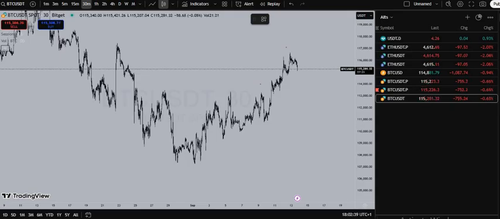It is that wall in the market that price almost gets rejected from every single time it tests that level. So you have a barrier, a wall that price rallies into, gets rejected, and then gets pushed back down.